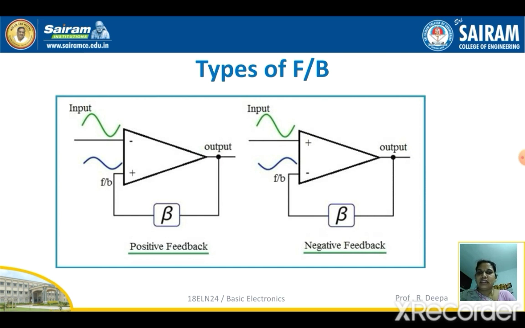Then we can say that it is a positive feedback amplifier. And in the negative feedback amplifier, again a part of the output signal is fed to the input terminal, whereas the input and the feedback signals are out of phase. Then we can name it a negative feedback amplifier.